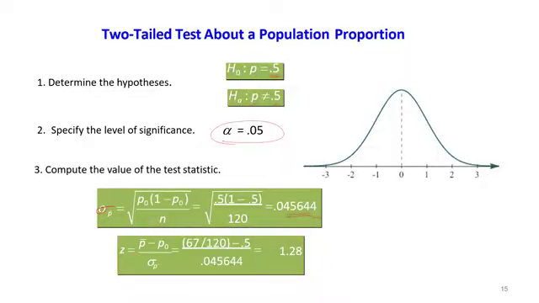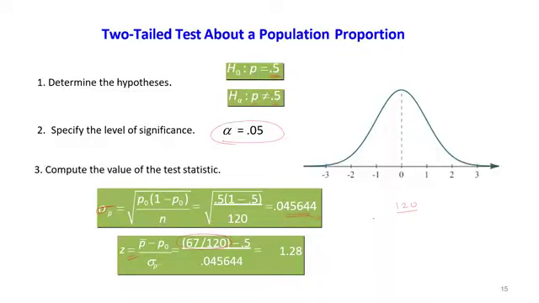Now we will substitute those values into this formula, which is p hat or p bar. In some of the books, it is denoted as p bar. So this p bar minus p0. So p bar, we can calculate. It has been given that out of 120 randomly selected accidents, 67 accidents have been caused because of drunk driving.